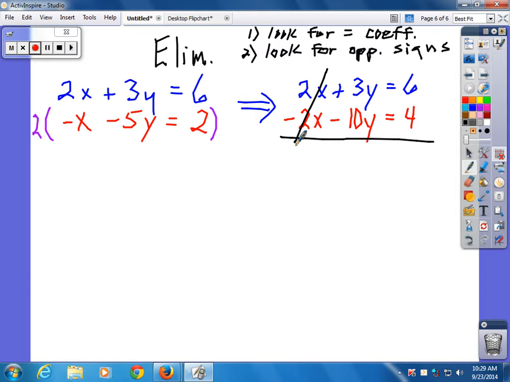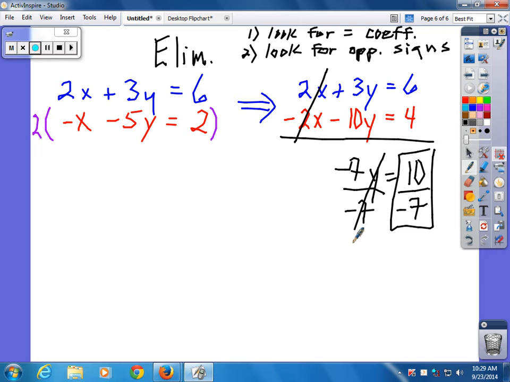All right. What is 3 minus 10? Negative 7y is equal to what? Oh my, look at there. Y is equal to what? 10/7. Negative, 10/7. And that's what we got in the previous problem. Wait a second.